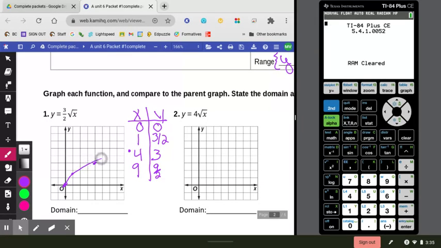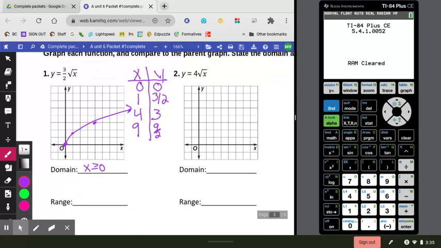Starts at 0 and goes. My domain again is x is greater than or equal to 0. My range again is y is greater than or equal to 0. And again, it is stretched.